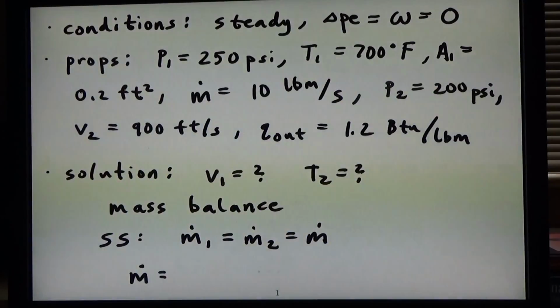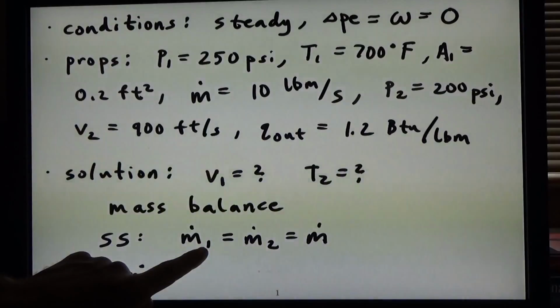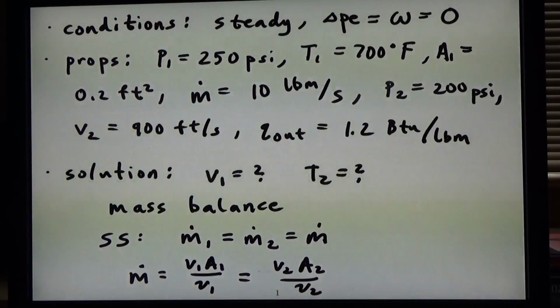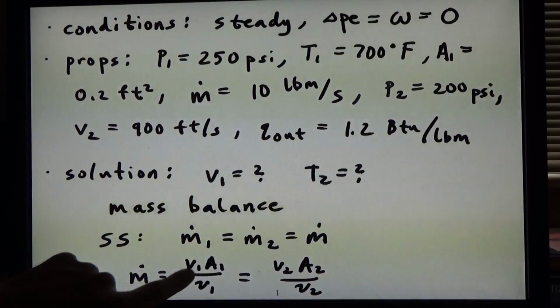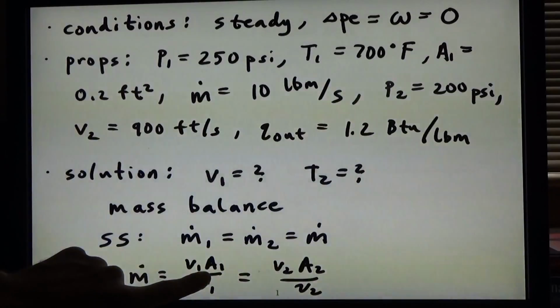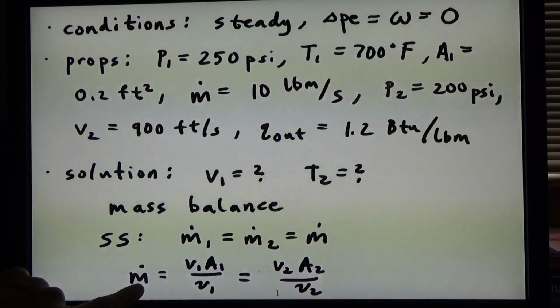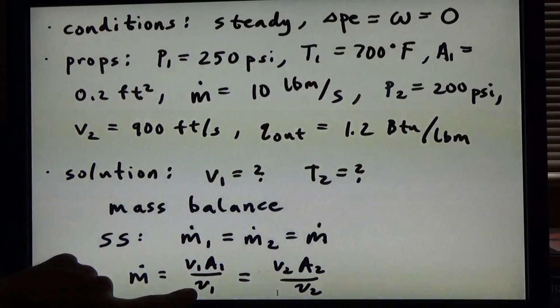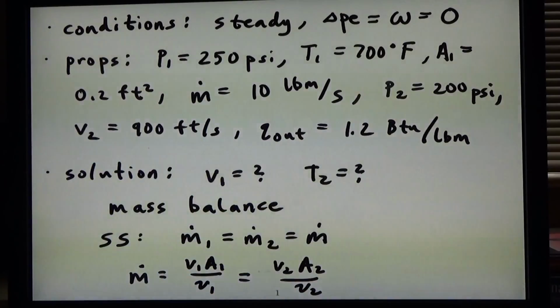Our mass balance says I can apply the mass flow rate equation at inlet 1 or outlet 2. In this case I would want to use this part of the equation because I know A1, I know the mass flow rate, I'm looking for velocity V1, and then specific volume is a property that we can look up based on the properties that we know at the inlet.